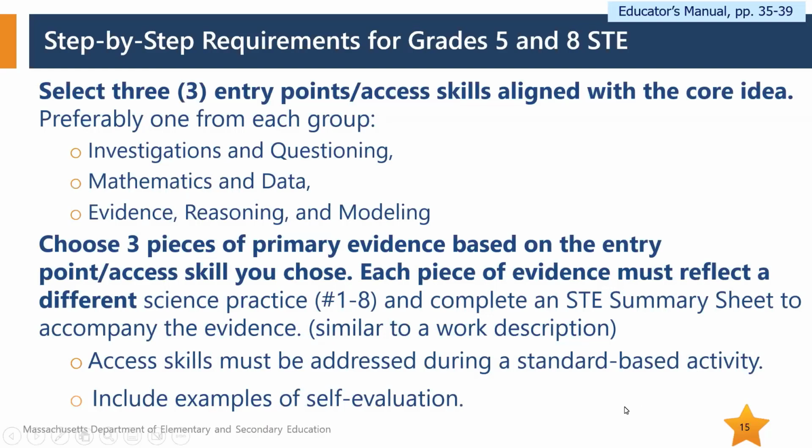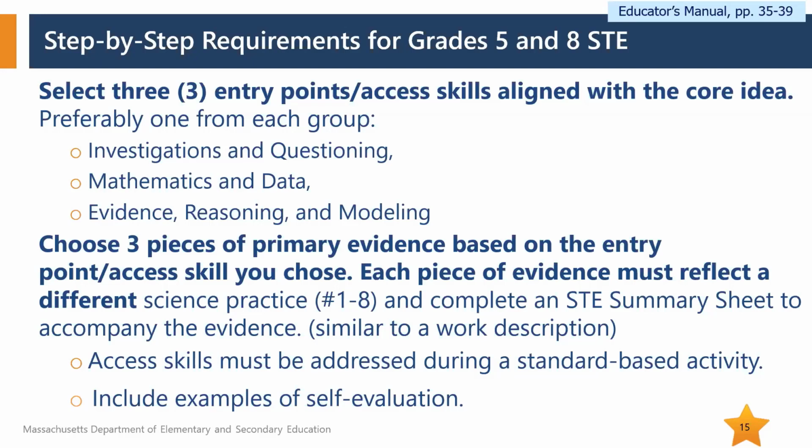All right, go back to your piece of paper. You're going to write down next to each of those disciplines that you picked 3 entry points or access skills, because you have to select 3 entry points with that core idea.